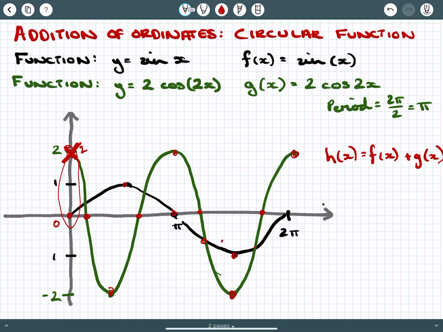If I look at this point here and this point here, this is 0 plus this point. So I have h(x) looking like that. Here I have, in the next point, y and -2. Add them together, I get -1. It should be a -1.